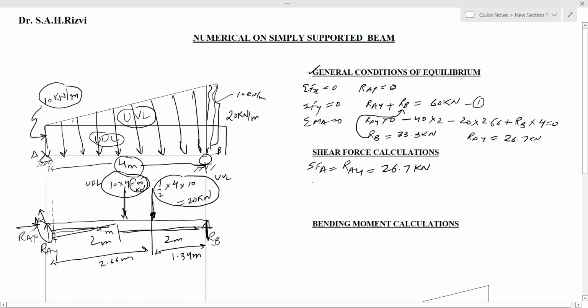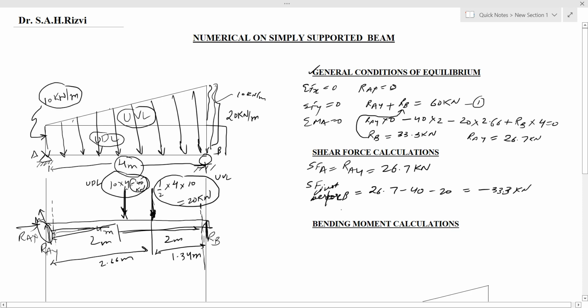So we will consider the shear force just before point B. We cut a section just before B, so we have three forces: RAY upward, positive, and two forces, 40 and 20 kilonewton, negative. So 26.7 minus 40 minus 20, and this is minus 33.3 kilonewton.